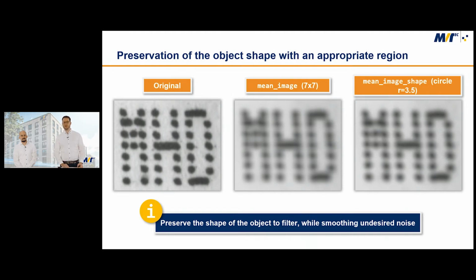And this can be important in different applications where you want to preserve the object shape and filter the noise that is not associated with the object. This can be an arbitrary region, not just rectangles or shapes, just any region that you can define.